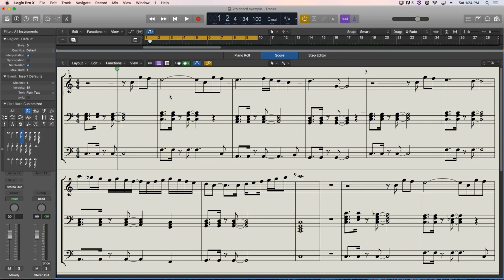All right, so off screen I created just a real quick, simple musical example in C major. You can see the top staff is just a piano melody. The middle staff are the piano chords, and the bottom staff is bass, and there's some drums underneath it too.